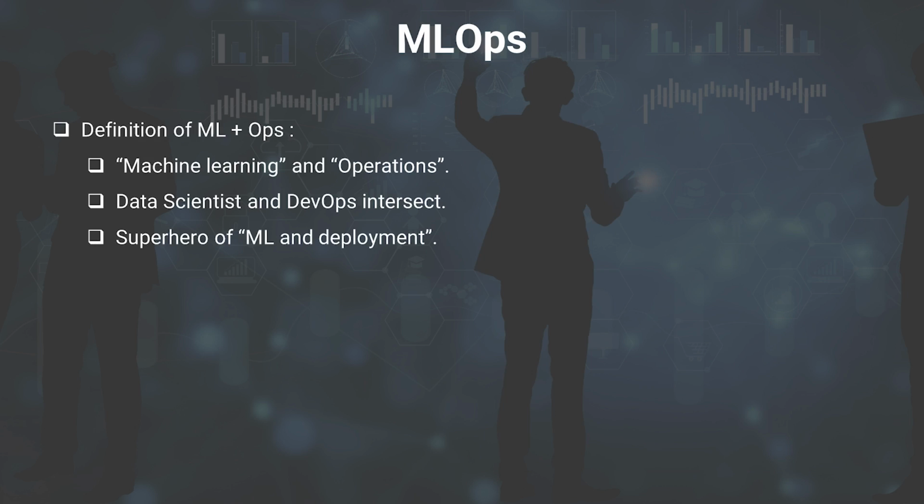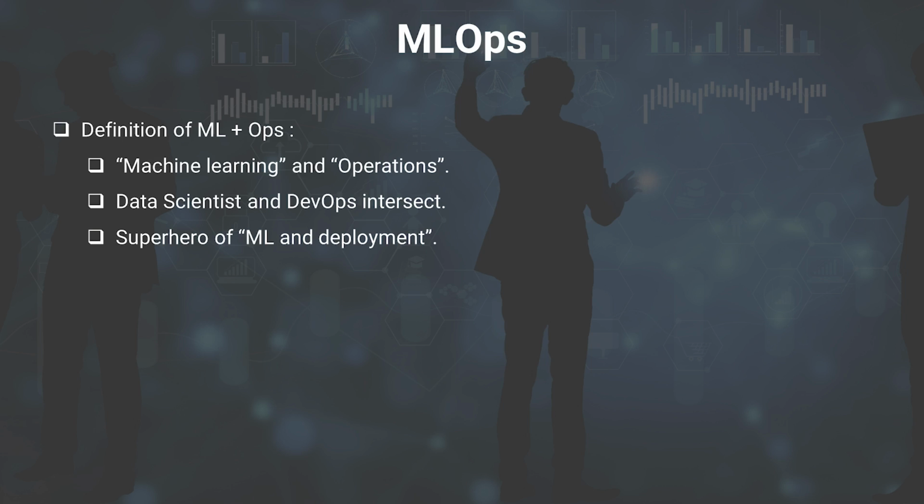Let's get to MLOps. The definition of MLOps, as we know, is machine learning and operations. It is typically an intersection of two different people roles, which are data scientist and DevOps.